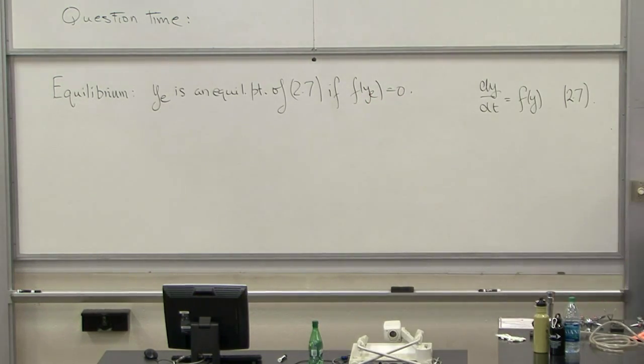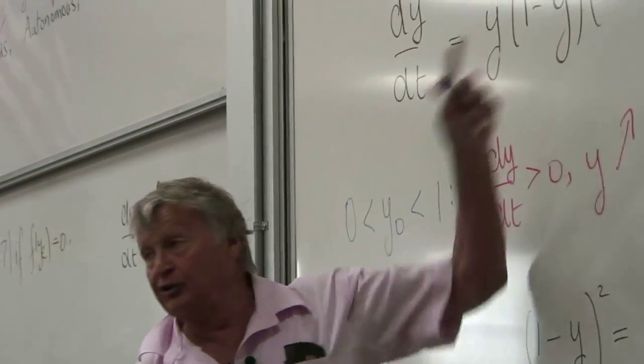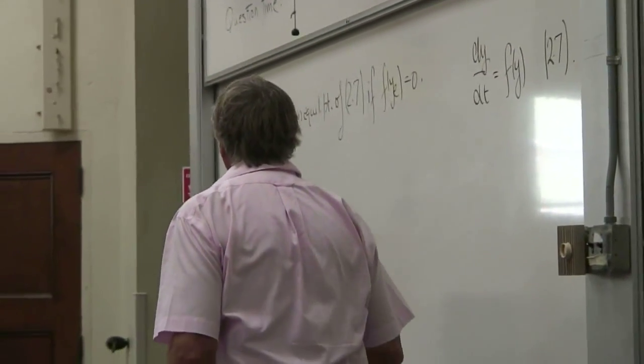In this case, as you correctly noted, 0, 1, and 2 are equilibrium points.